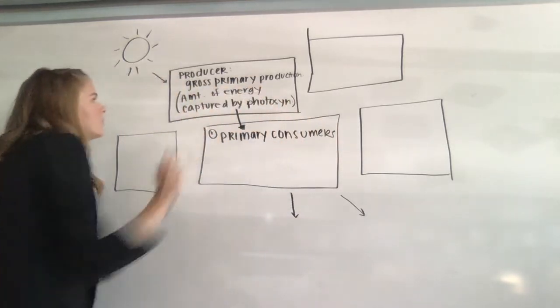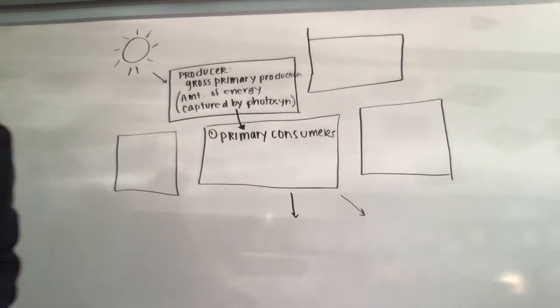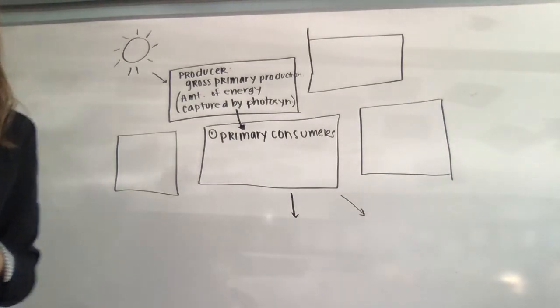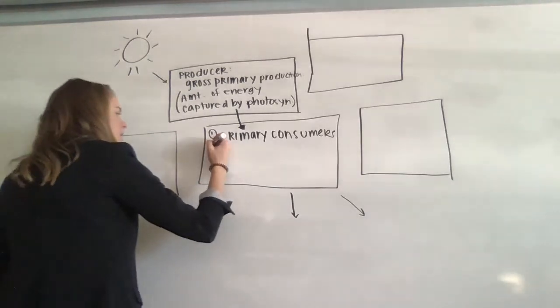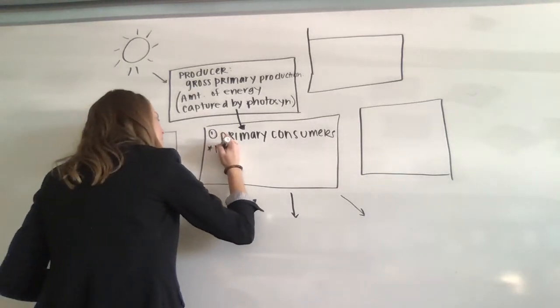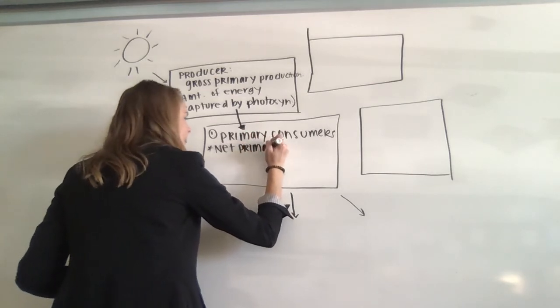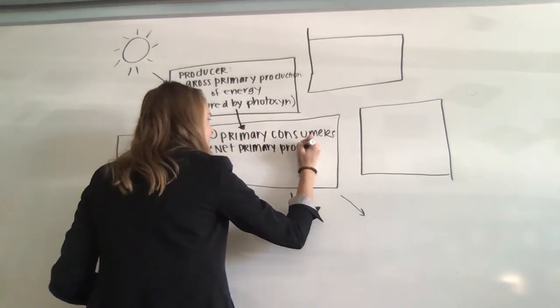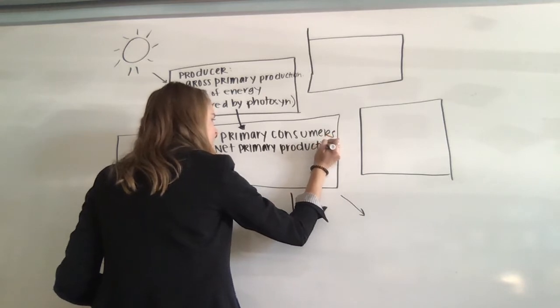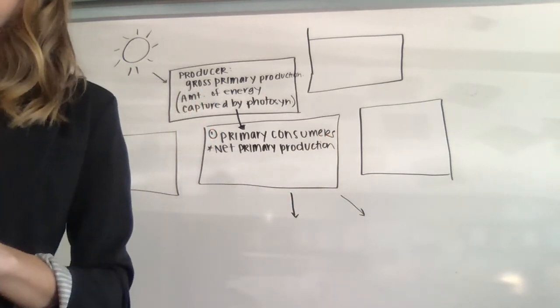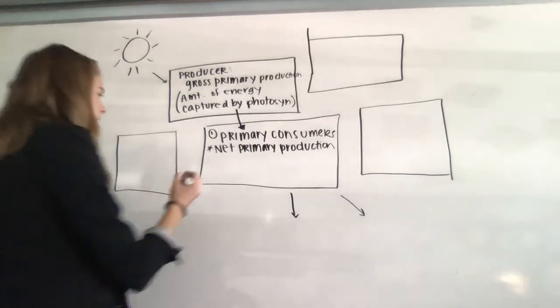Our gross primary production is our total amount of energy we're starting with. Our consumers are considered the net primary production.